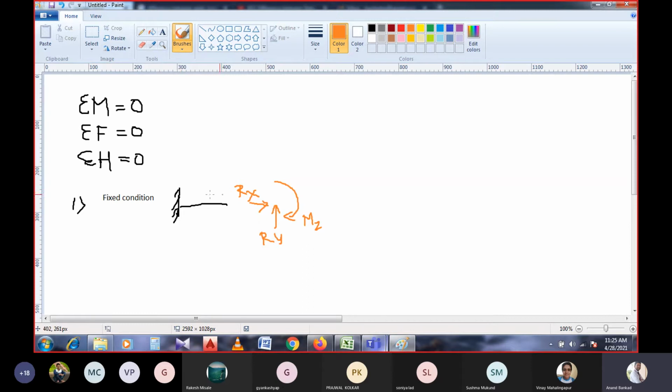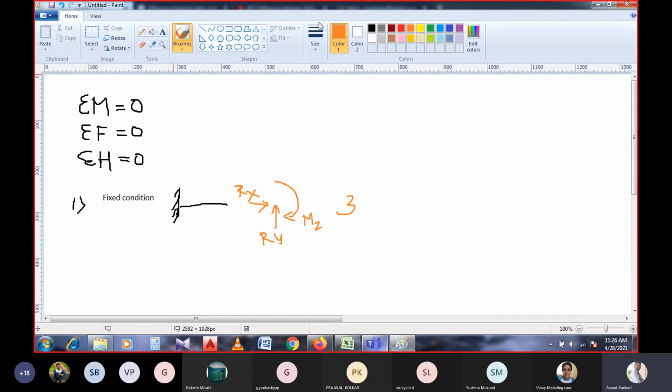So for the fixed condition, there will be 3 reactions for a fixed support. That means there are no degrees of freedom here; no movement is allowed, no horizontal movement is allowed. There will be restrictions, and for those restrictions the reactions in the x direction, the y direction, and the moment about the z axis will appear.